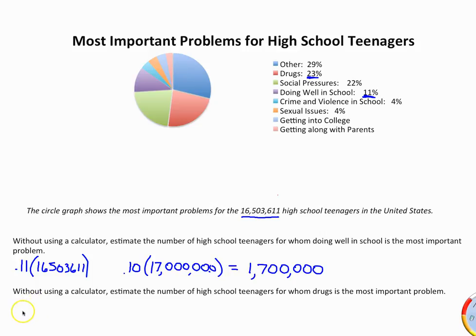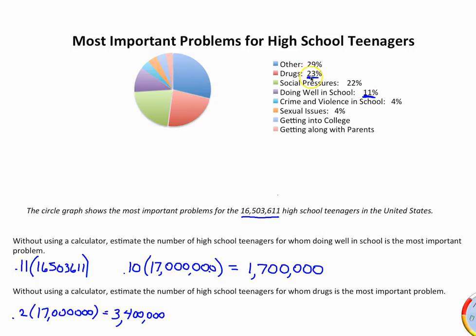So 20%, right, of 17 million is 3,400,000. That's an option.